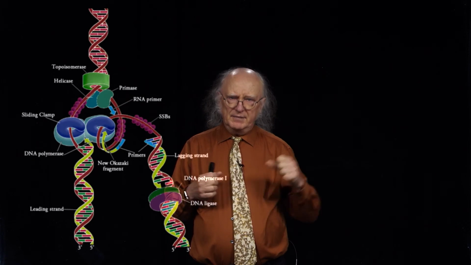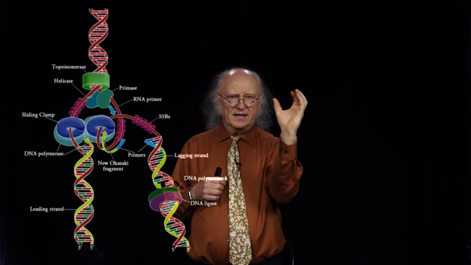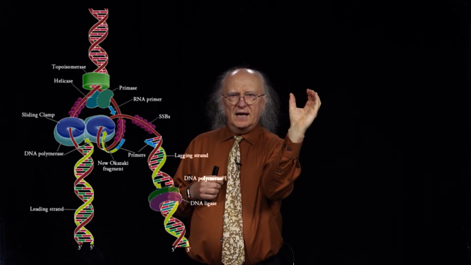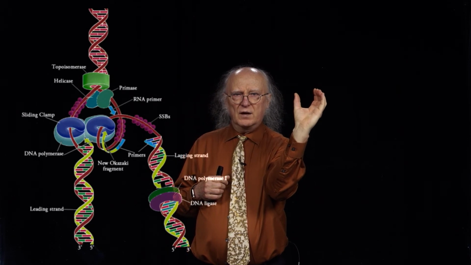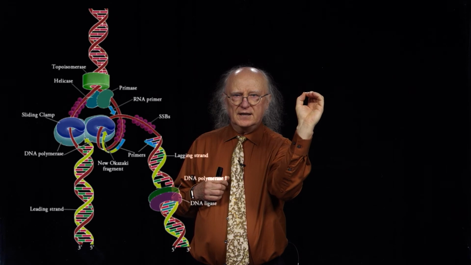And so the beta clamp has a very simple function. It binds to the DNA polymerase 3, meaning it just holds on to it, and the beta clamp has a structure that looks like this. So we can think about the clamp as looking like my hand, and it exists in two forms. One, the open form that we can see here, and the other form closed like this.